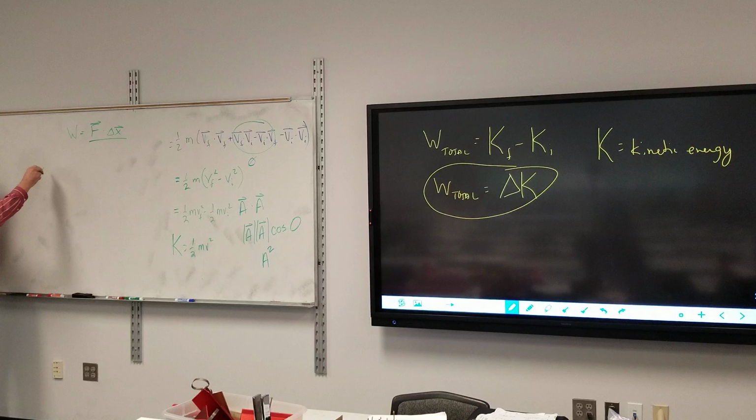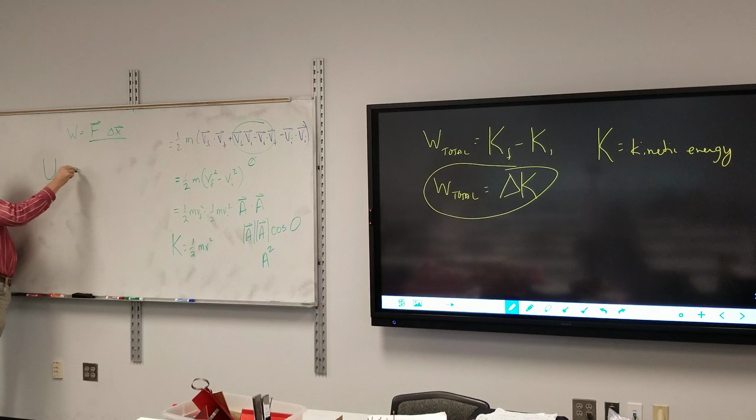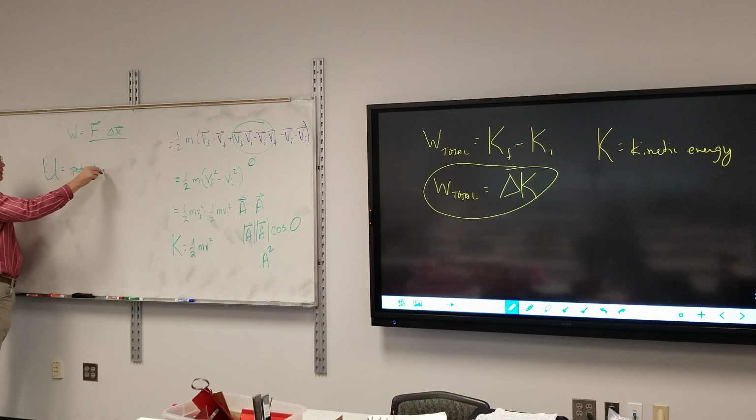All right, anyway, so they came up with this idea of potential energy, the potential to do work, which I always found an incredibly useless definition. Now the symbol for potential energy, capital U. I think it's from the German.